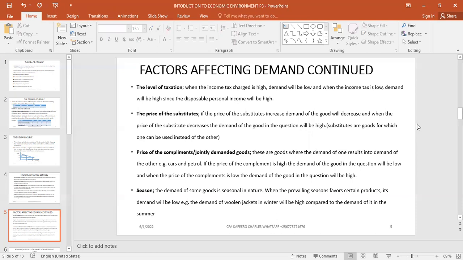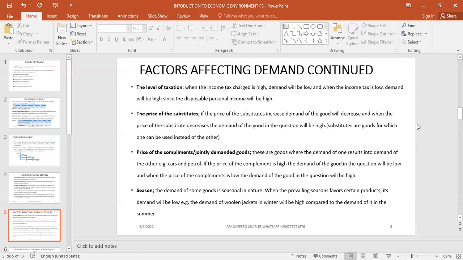So the last point we can talk about is the season factor. The season factor comes in as a result of some goods being produced at different seasons. Let's say Christmas periods. You find that people who are selling Christmas gifts make more money when it is time for Christmas, and when the Christmas period is done, we expect that the demand for those Christmas gifts will be low.